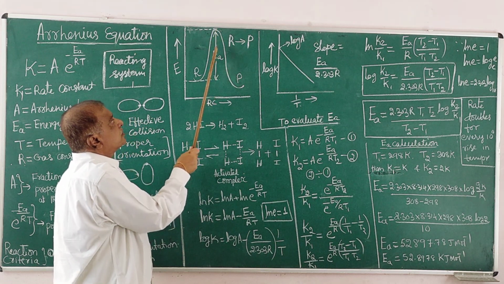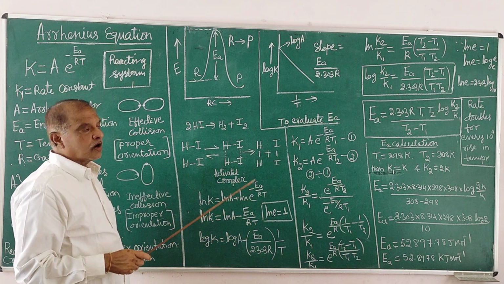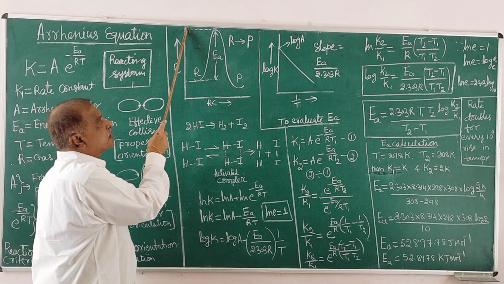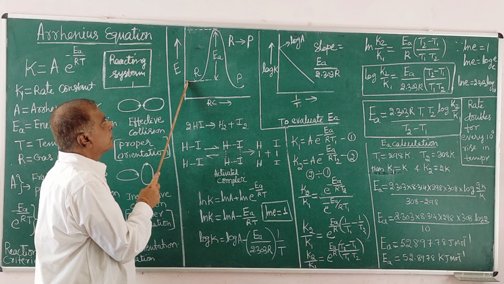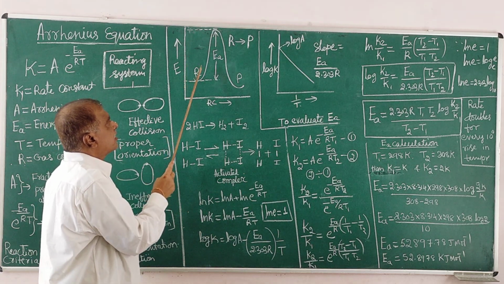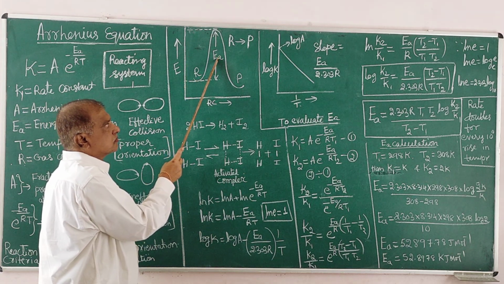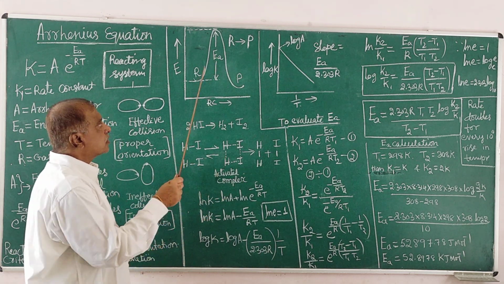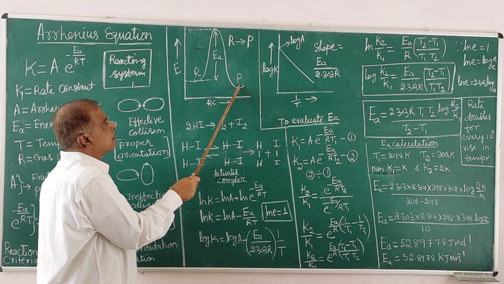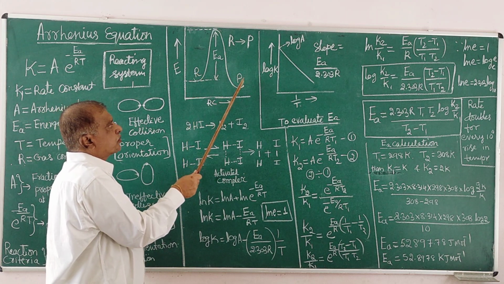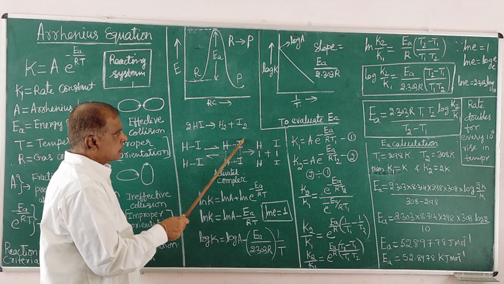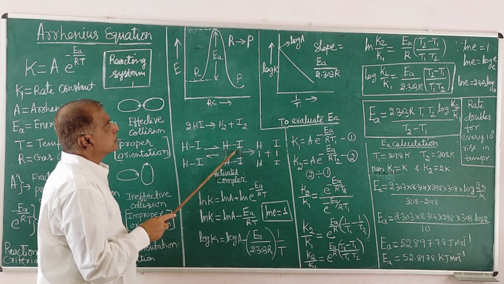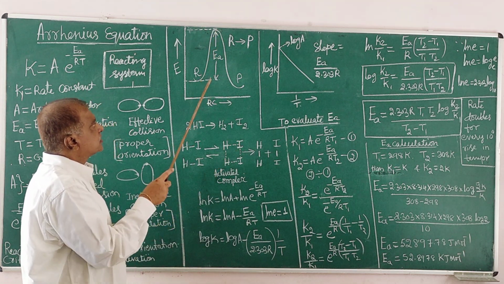It is the difference between the threshold energy and the reactant energy. Reactant molecules need to cross this energy barrier for the change of reactant into product. At the top of the energy barrier is the activated complex. So that is the concept.